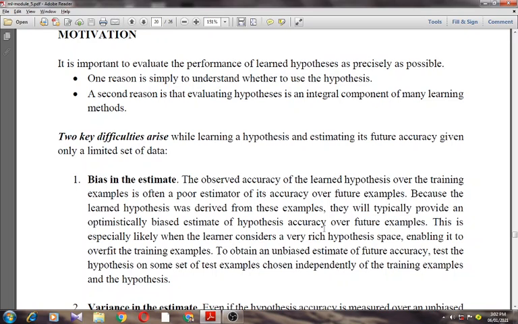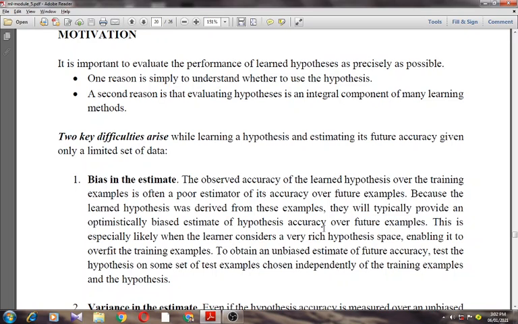Here, first, the observed accuracy of the learned hypothesis over the training examples is often a poor estimator of its accuracy over future examples. Because the learned hypothesis was derived from these examples, they will typically provide an optimistically biased estimate of hypothesis accuracy over future examples.